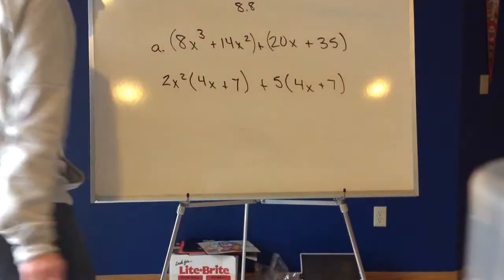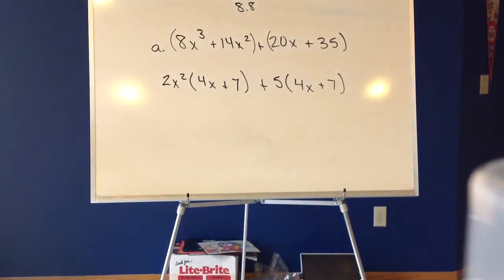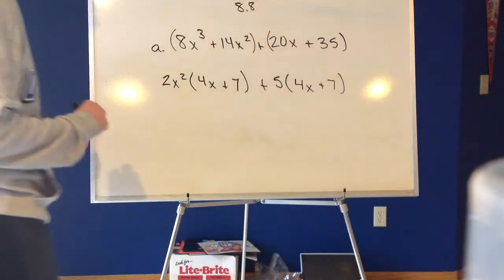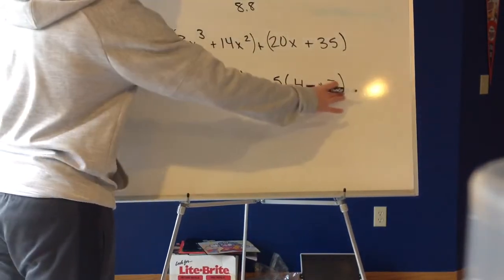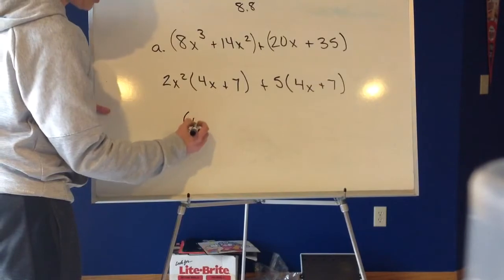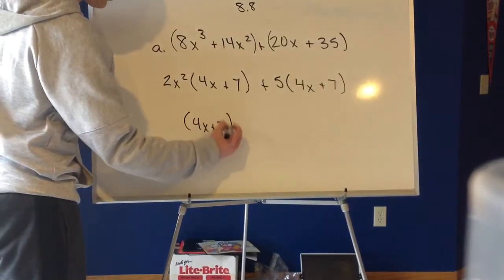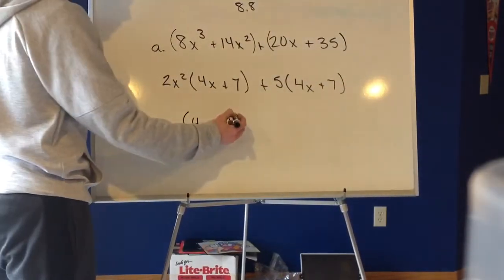Hey, look at that. You have the same thing in the parentheses, and you should. If you don't, then you did not find the correct GCF. So you do have to look for that. Then to get our final answer, we're going to take what's the same, but we only take one of them. Even though they're the same, I just take one of them.